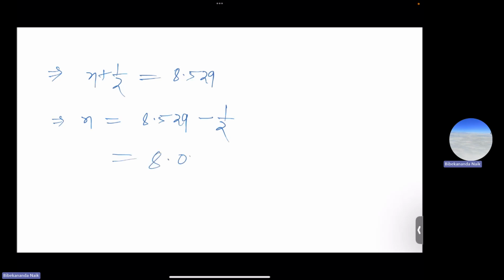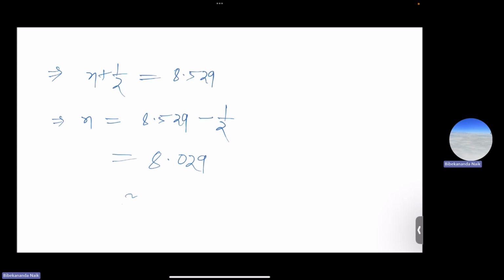So if you calculate it, the value of n plus half will be 8.529. So n will be 8.529 minus half, which is around 8.029.